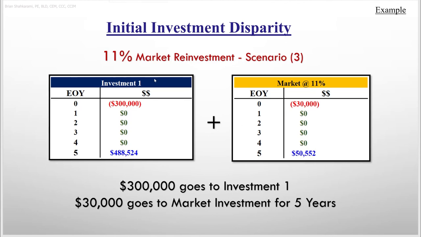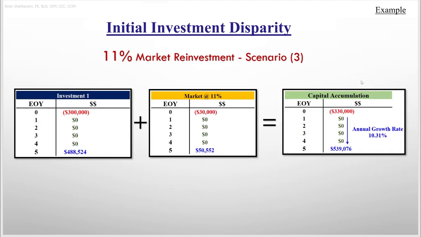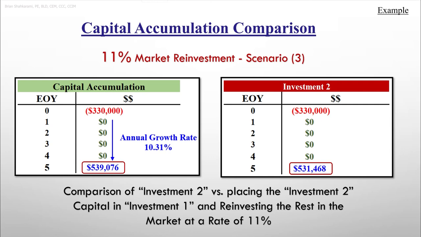Now we combine the two. Our combination investment here in the green gives us a total capital accumulation of $539,076. And that gives us an annual growth rate of 10.31%.